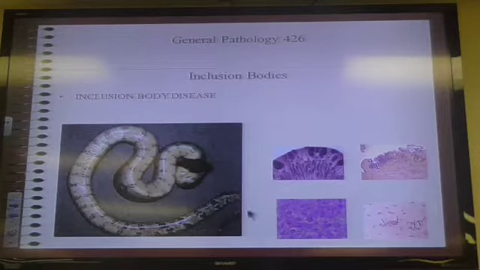They can occur in snakes. This is a constrictor snake. And here are the inclusions. They suspect these things are due to a virus, but it's been very difficult to isolate the actual virus that's responsible for this.